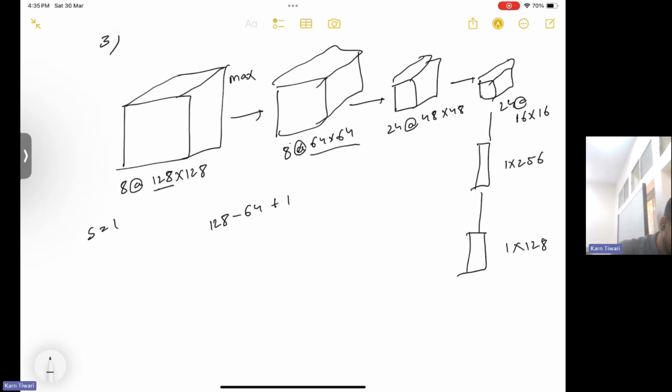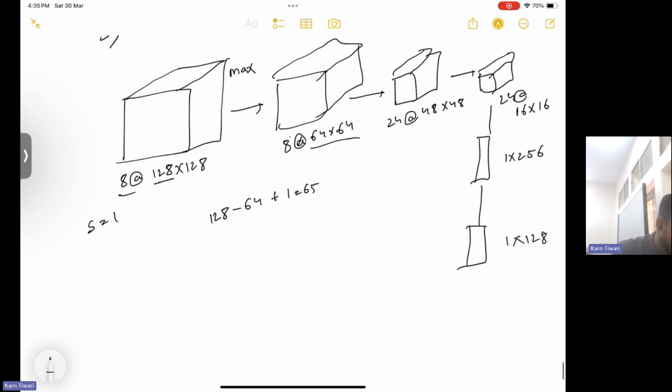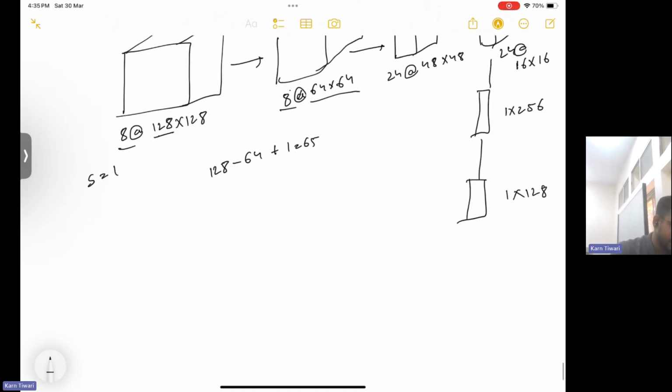So here it will be 65, as the number of channels remains the same. So the answer is 65 cross 65 cross 8. That's the third question.